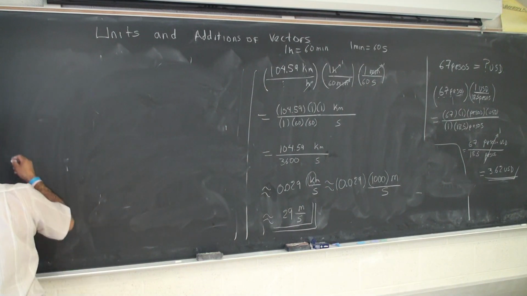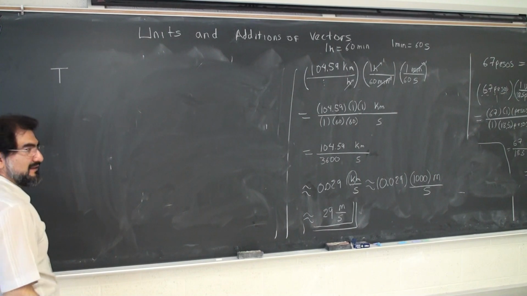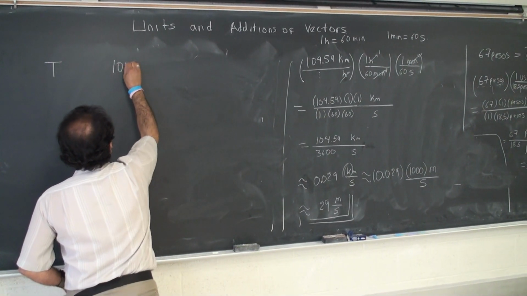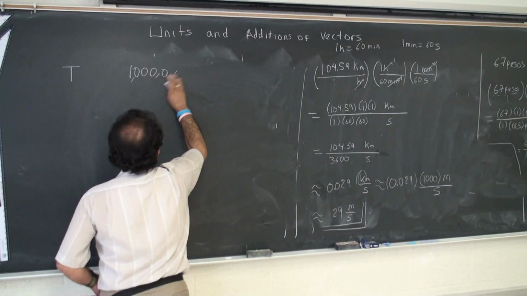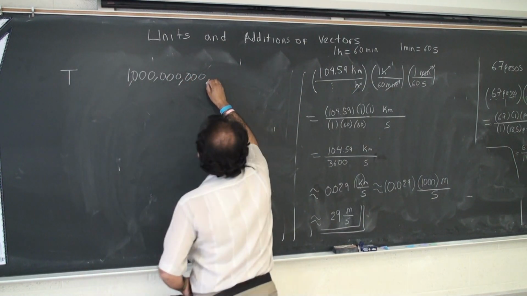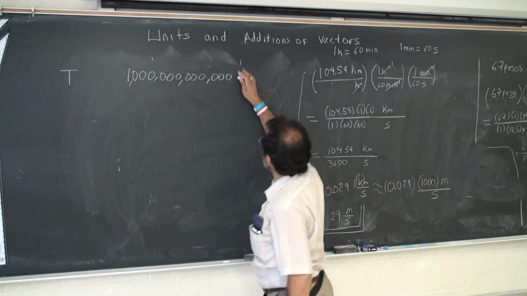For example, capital T is for tera, expressing a trillion units.